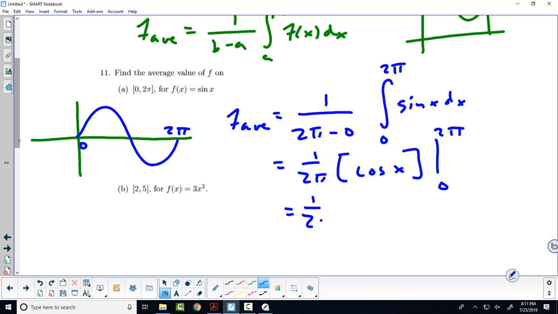But that gives us 1 over 2 pi times cosine of 2 pi, which is 1, minus the cosine of 0, which is also 1, which is why we end up with 0. Not a very interesting result, but at least you've got an example of this expression.